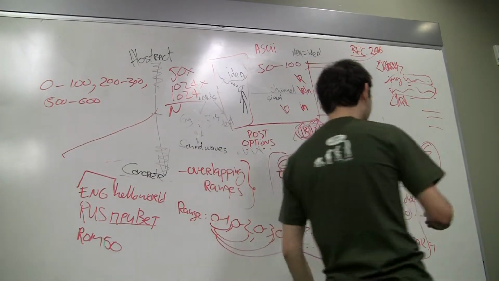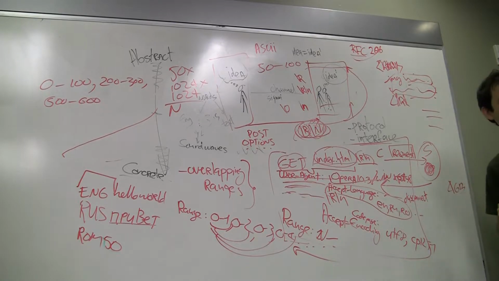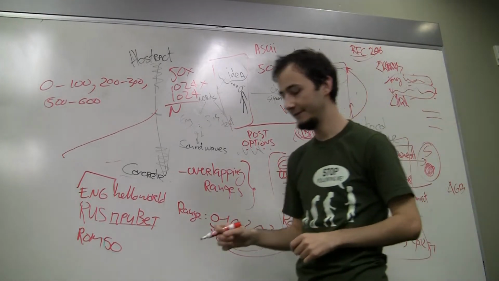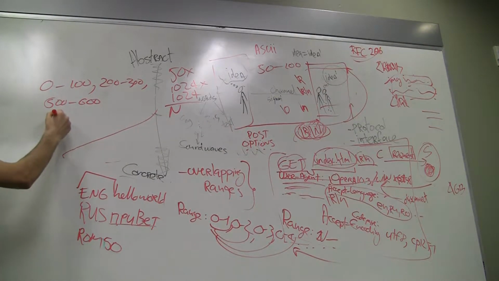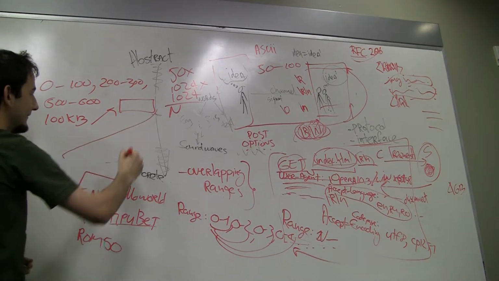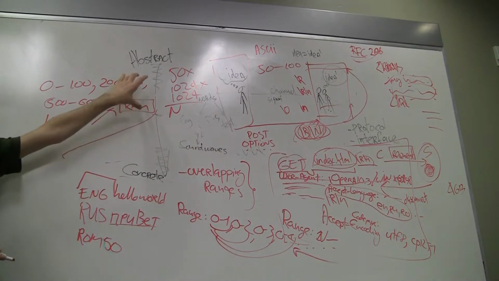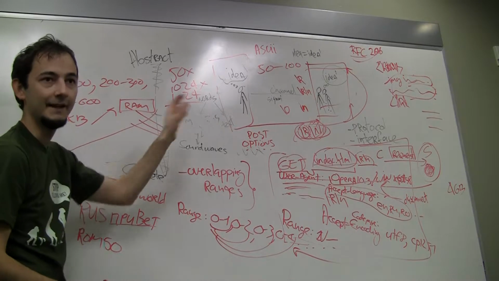So let's say you have 4 gigs of RAM, and normally what happens is that if I have, let's say, a 100 kilobyte file, this file is read from the hard drive into RAM, and it's taking that space for as long as the information is being sent to the client.